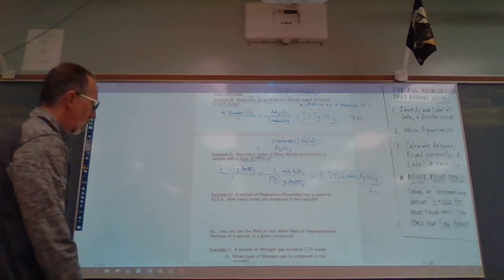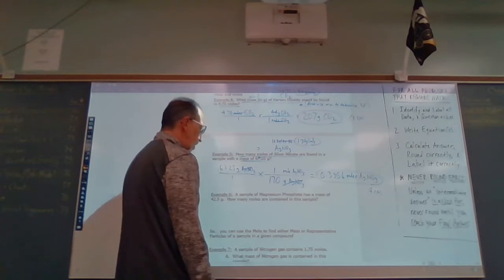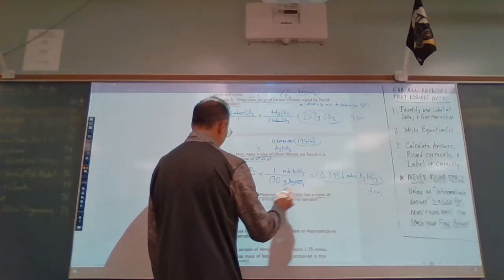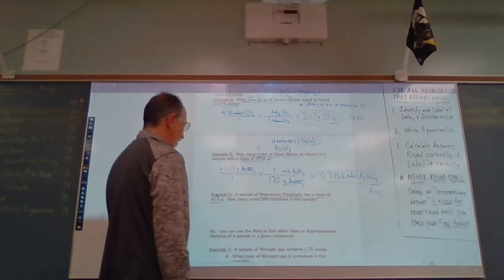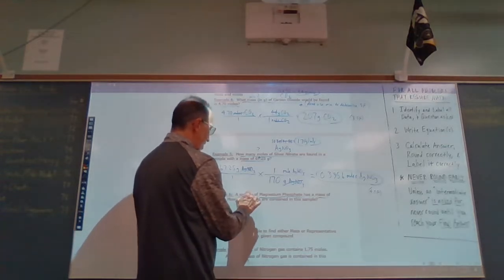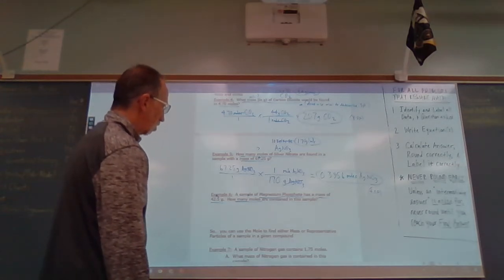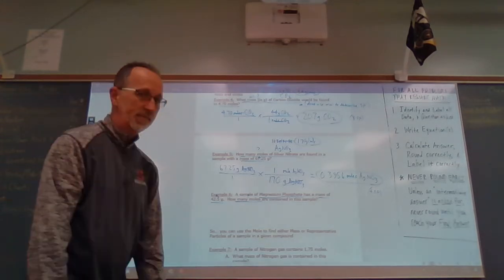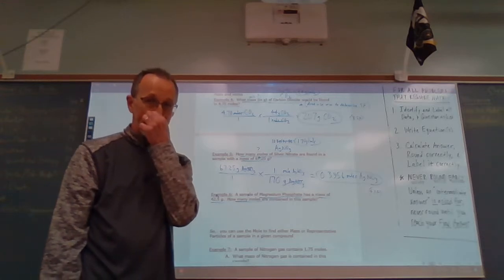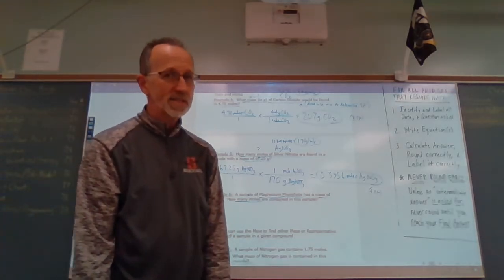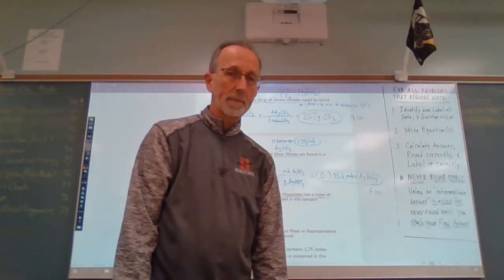Okay, next one. A sample of magnesium phosphate has a mass of 42.5 grams. How many moles do we have of that? Well, magnesium phosphate. Magnesium, 2A, plus 2. Phosphate, PO4 minus 3.